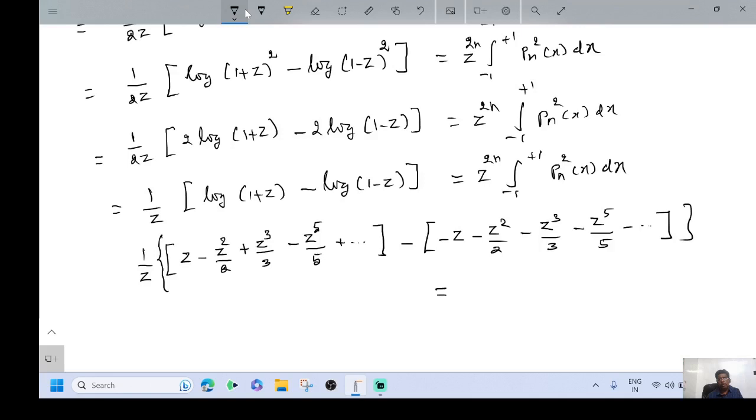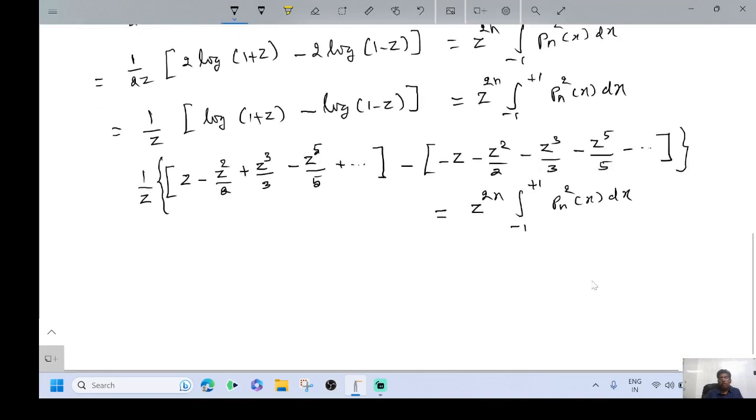The entire is equal to z power 2n, integral from minus 1 to plus 1 of pn square of x into dx.